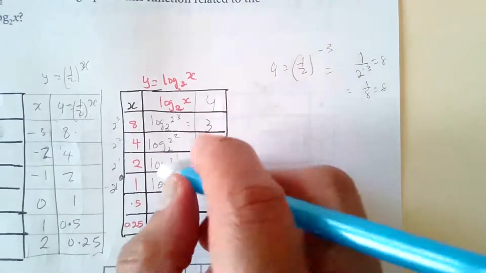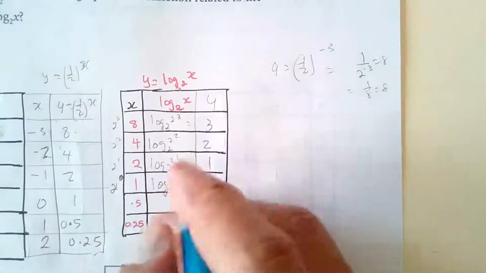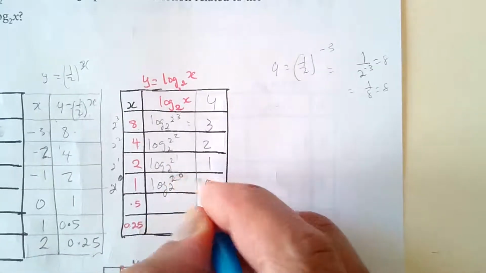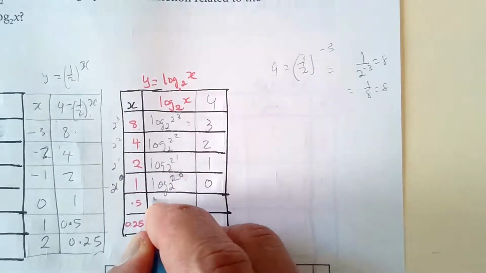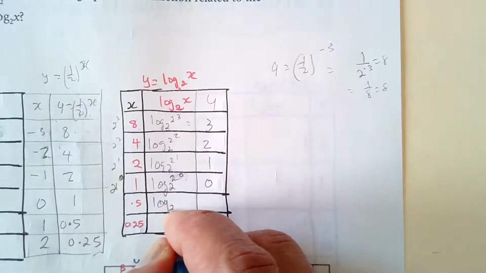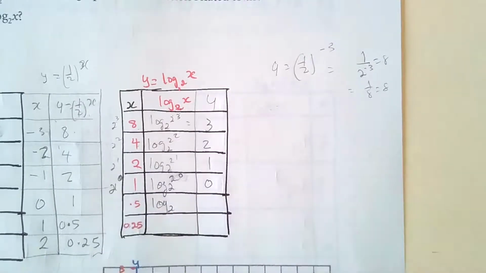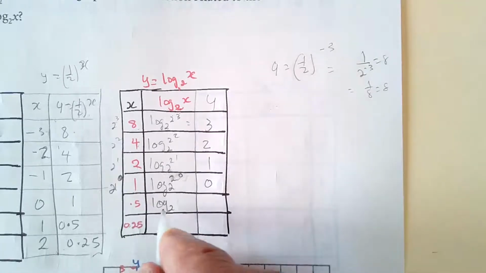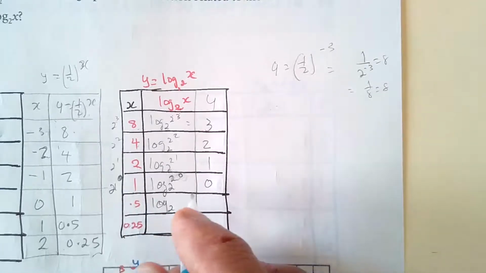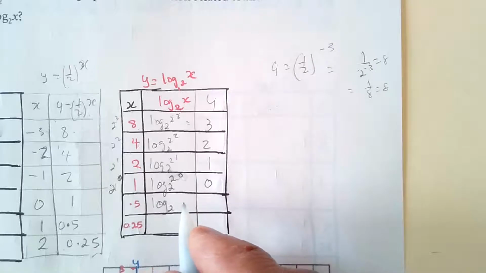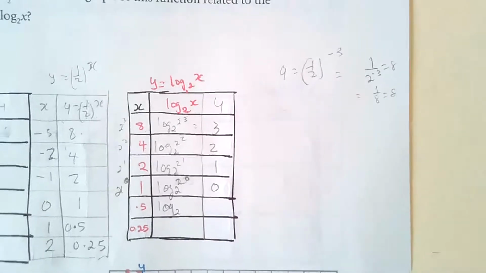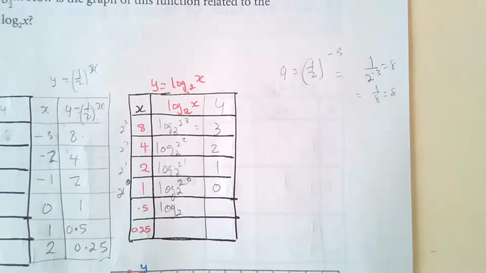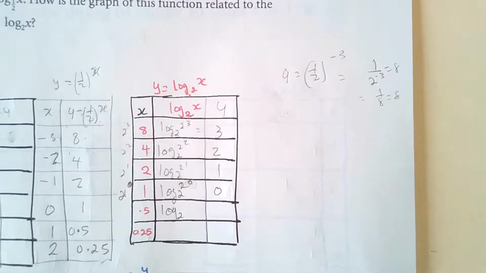And so we write this here, 2 to the power 0 gives us 0. And log 2 of 2 is equal to 1.